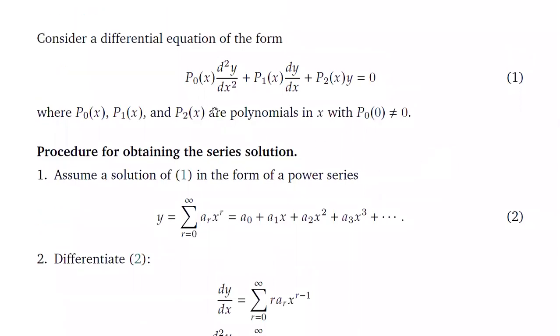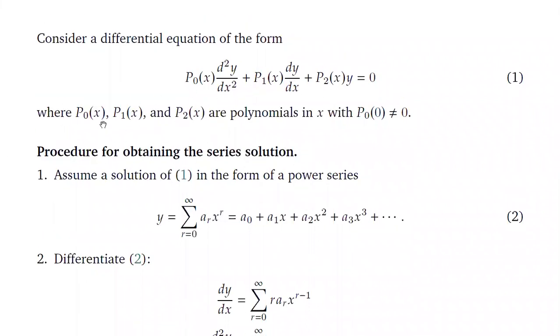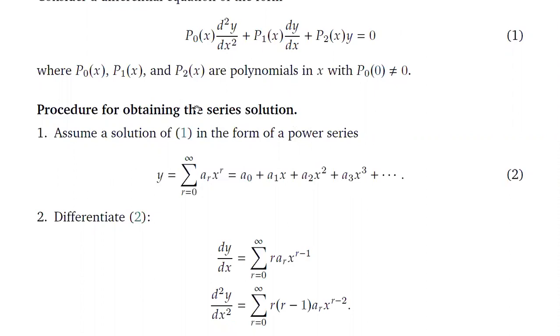Now, you already know how to solve this kind of differential equation when P naught of x, P1 of x and P2 of x are all constants. Here, when all these three terms are polynomials, to solve this kind of differential equation, we use the power series solution method.